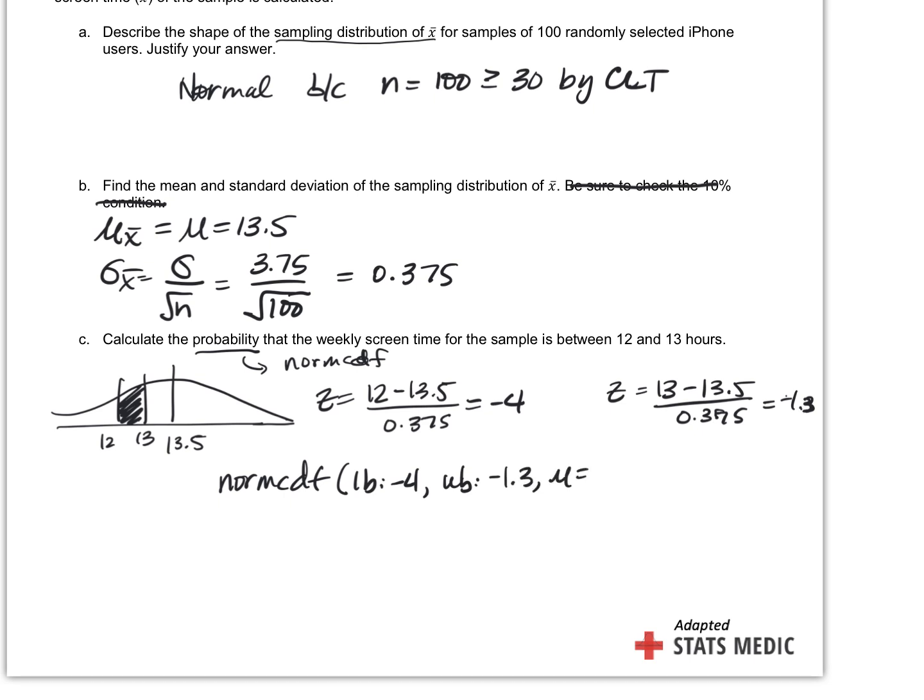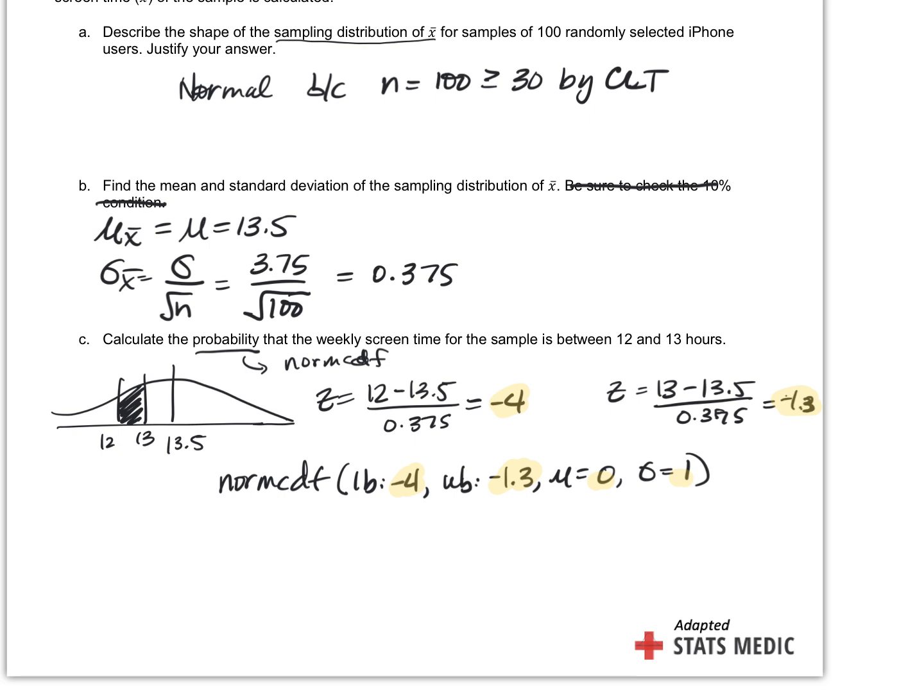The mean would be, this is where it's tricky, the mean would be 0, the sigma would be 1. And here's why: because we use the z-scores. If we use z-scores in here, then we have to use 0 and 1.